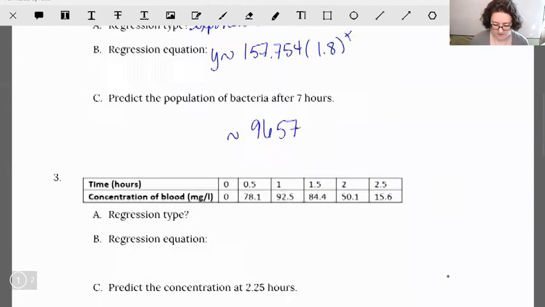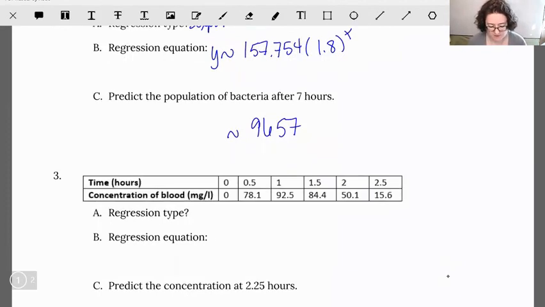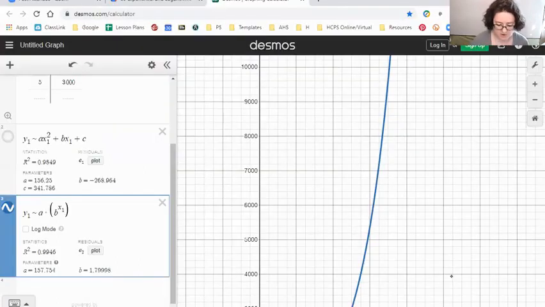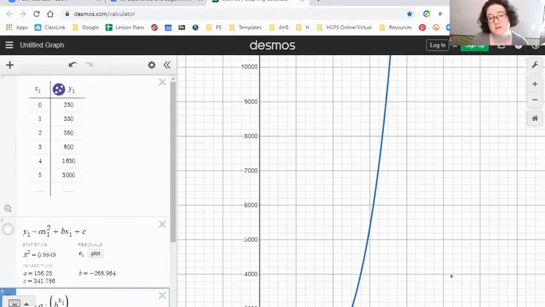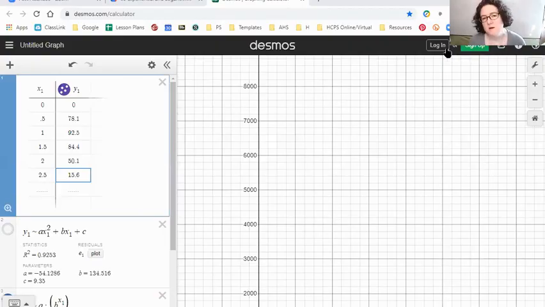Alrighty, last example. So again, time versus concentration of blood. Here we go. We're going to type our data into Desmos and then do our regression. I'm going to pause the video while I type this in, just to save a little bit of time. Alrighty, so to make sure we can see our data, let's modify our screen size.